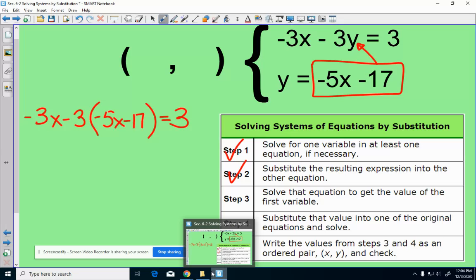At this point, if you have both x's and y's, you screwed up. Something's not right, because we can't solve that. But this we can. So we're going to distribute, combine, and figure out what x is equal to. So distribute the -3.